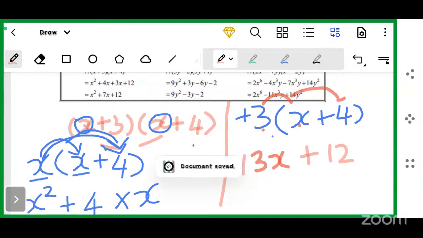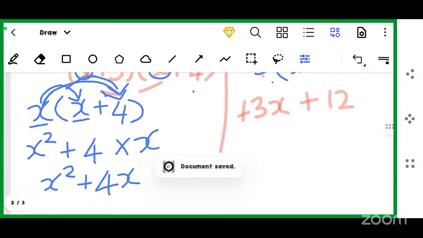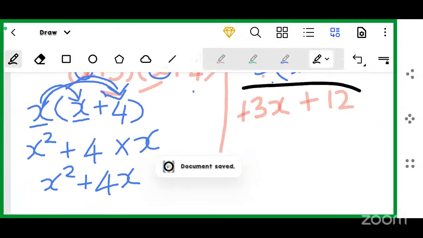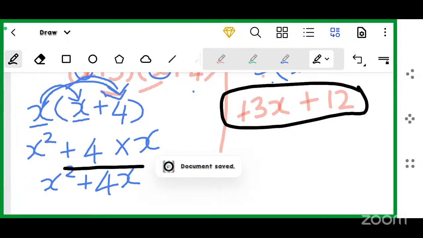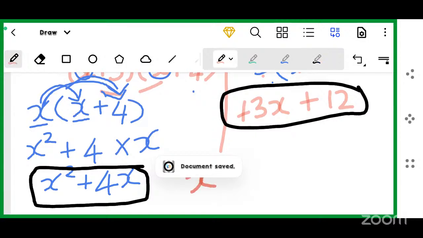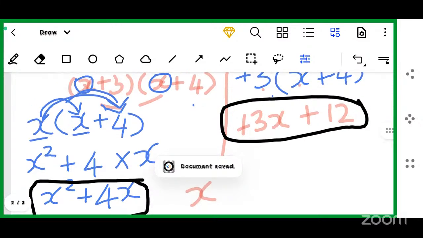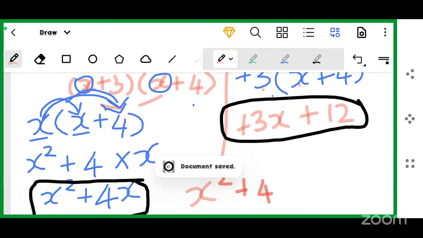So we already have a plus here, and we have to merge our terms. So now we have this, and we also have this. We're gonna match them together, forming something like x squared plus 4x plus 3x plus 12.